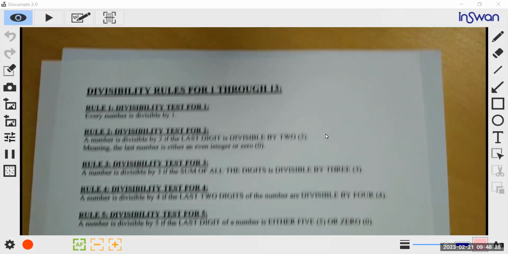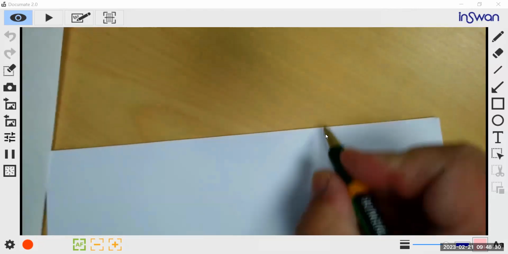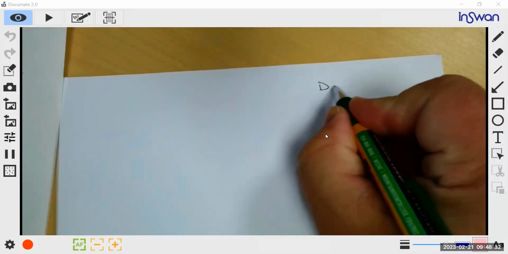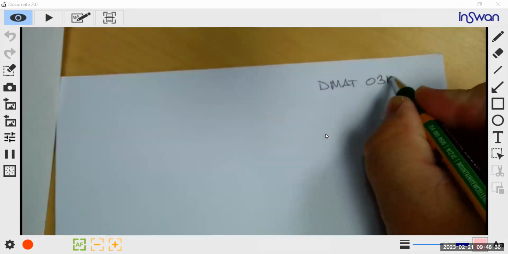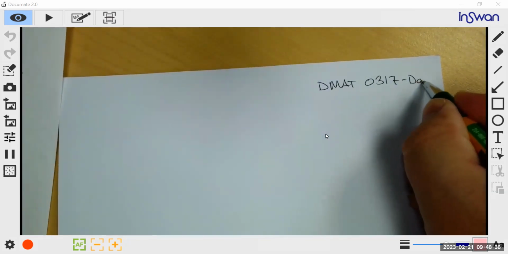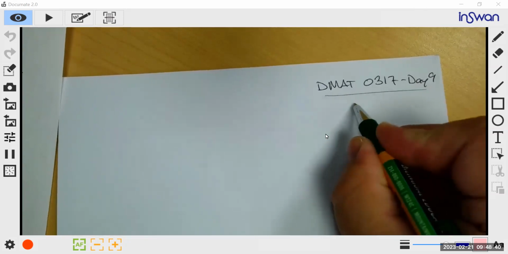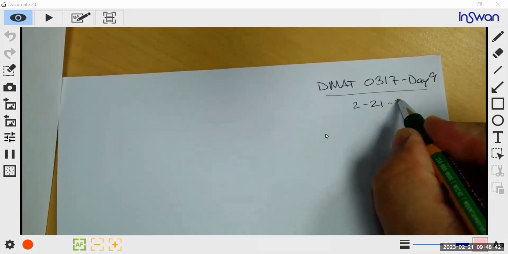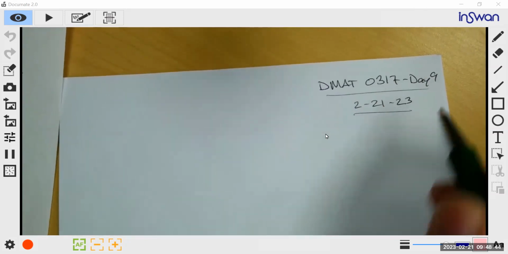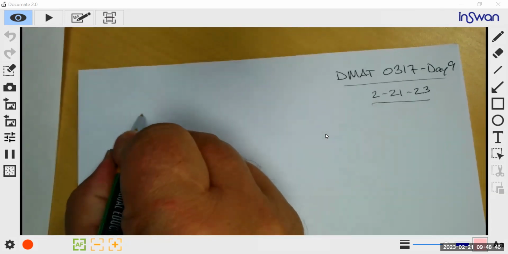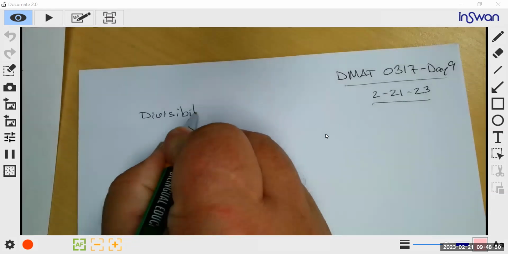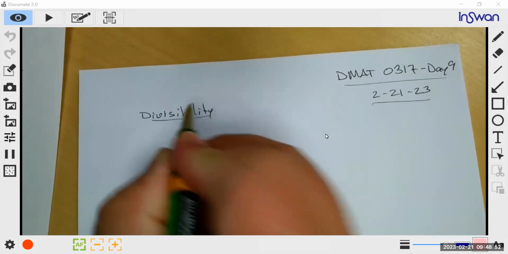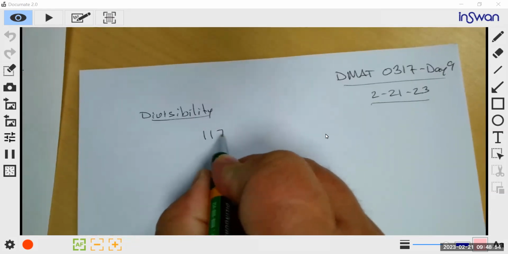For example, so this is Dmat 0317, day 9, 2/21/23. The number 117.